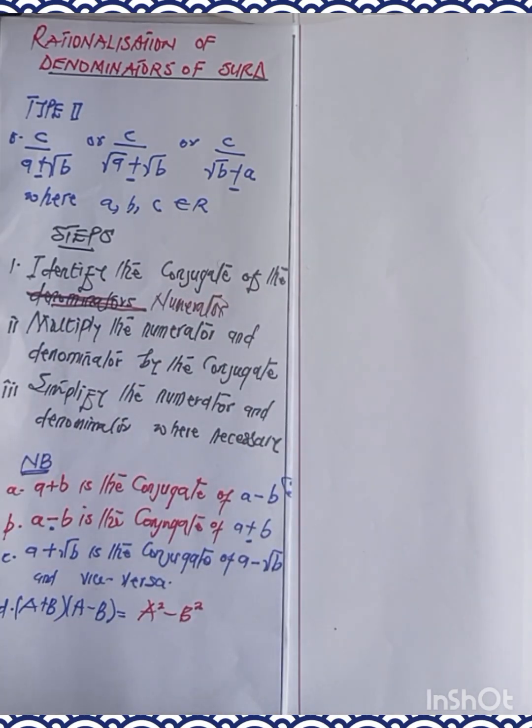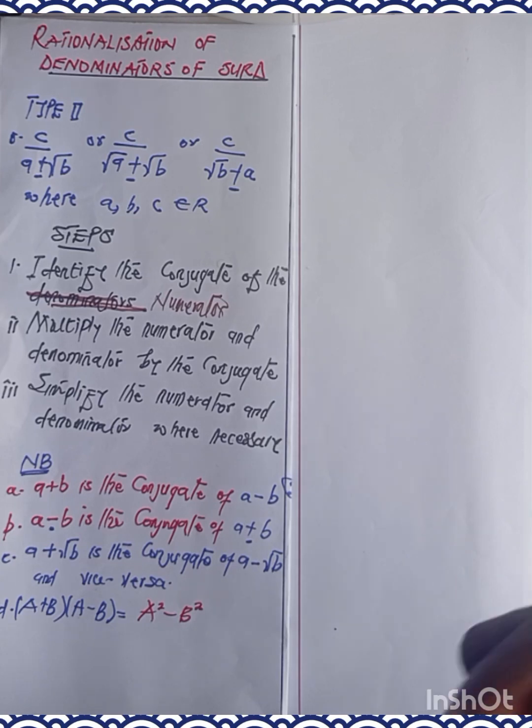Step 2 says multiply the numerator and denominator by the conjugate of the numerator. Step 3 says simplify the numerator and denominator where necessary. So the steps are the same as those for the denominator.